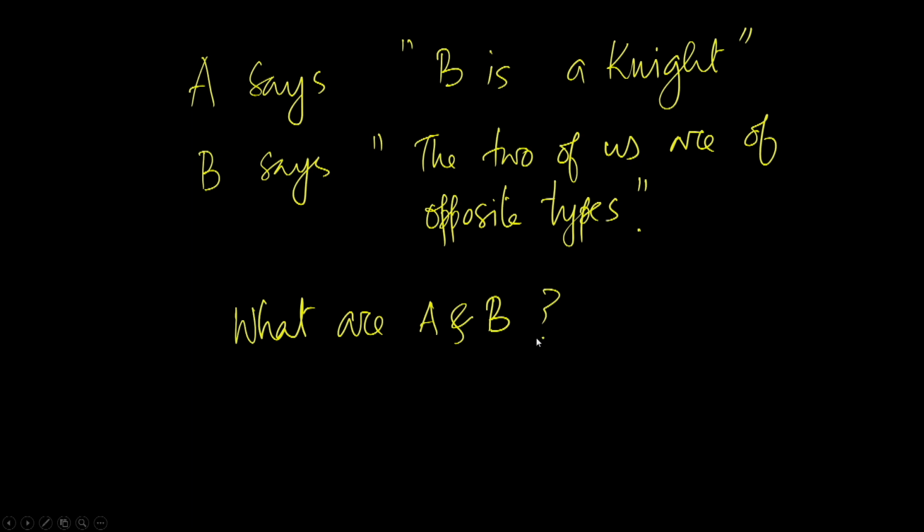So, let us try to solve this problem by forming propositions. Let P denote the proposition A is a knight. Let Q denote the proposition B is a knight. Now, what does A say? A says that B is a knight.